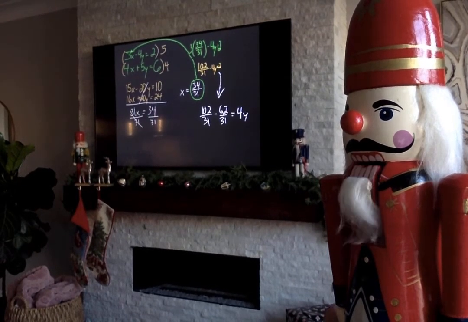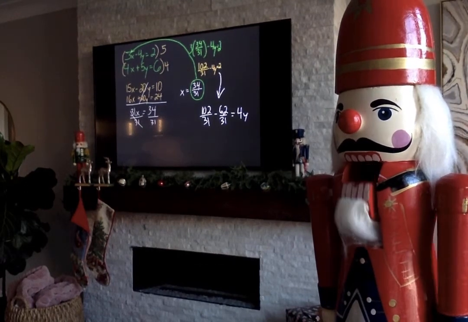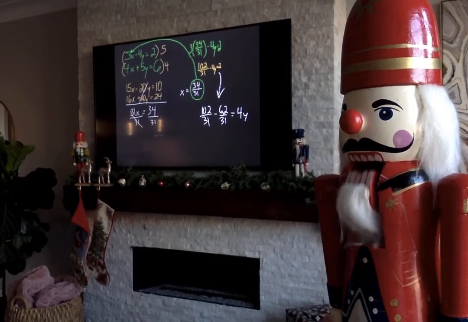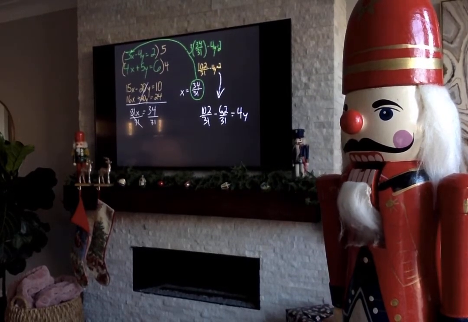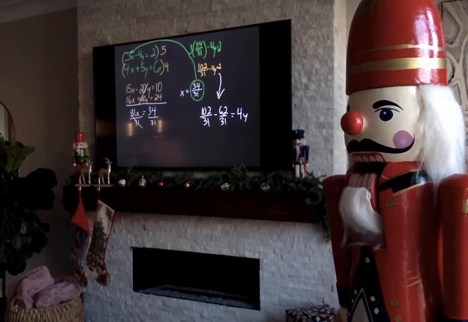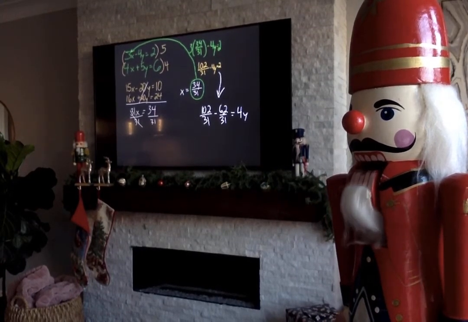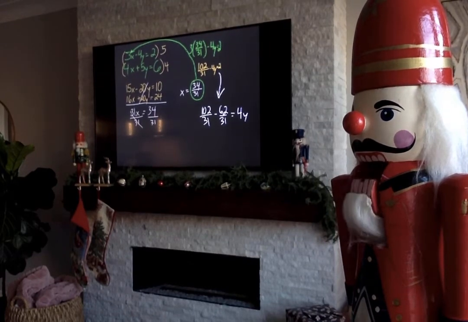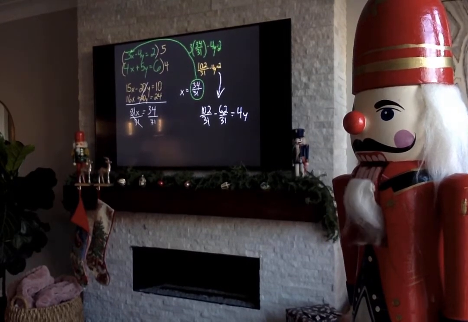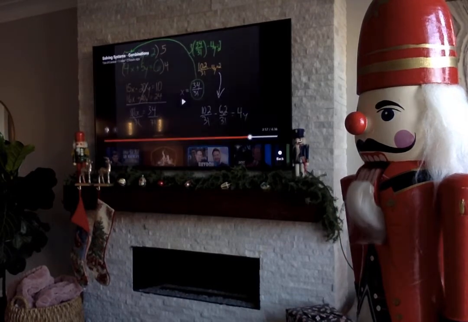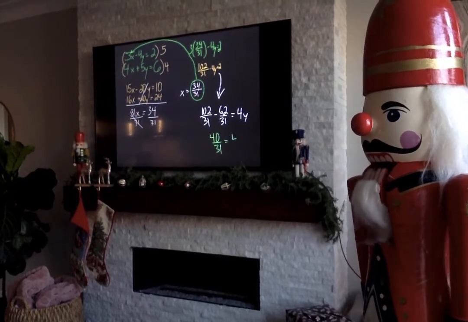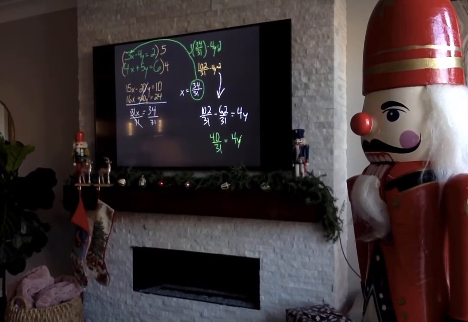At the same time, I subtracted 2 from both sides, but when I subtract 2 from that fraction with 31 on the bottom, I made the 2 into 62 31sts. So now I can do 102 31sts minus 62 31sts, and that will be 40 31sts. So you can see there, 40 31sts equals 4y.